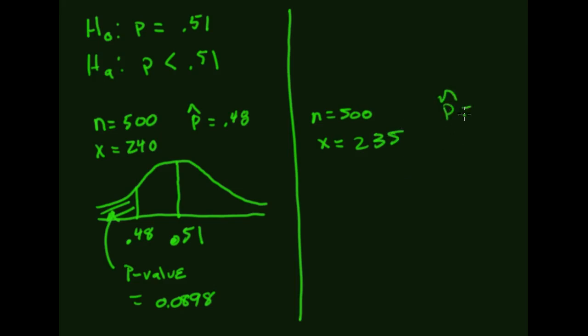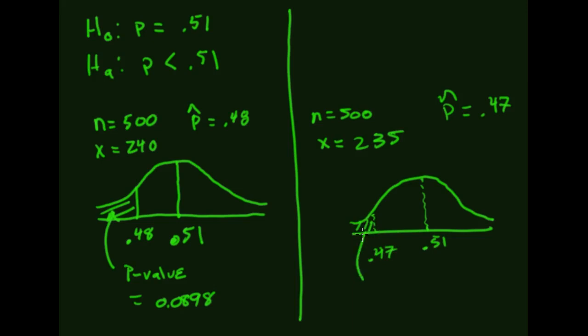So the percentage now just dropped to 47%. Let's think about this curve. I'm still hoping that reality is that my guy's got a 51% share of the vote, and now I've dropped down to 47%. So that's going to make this area a little bit smaller.